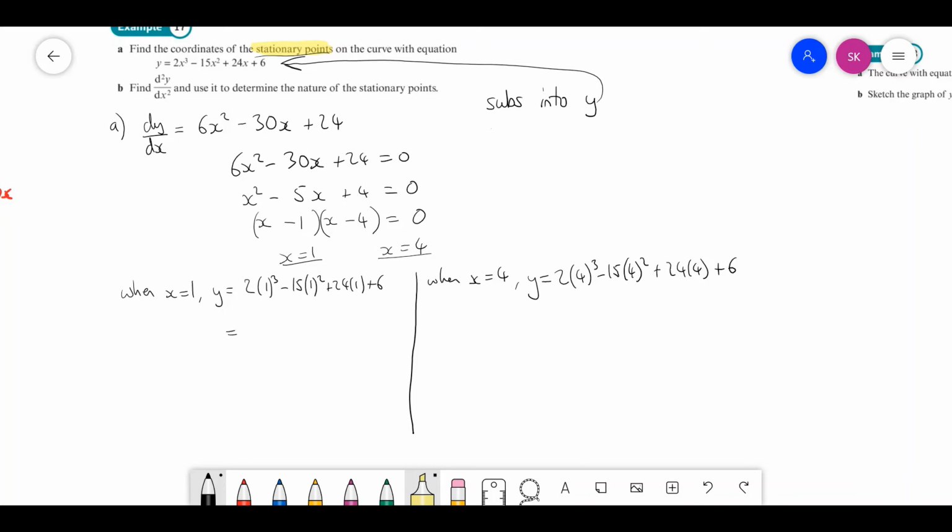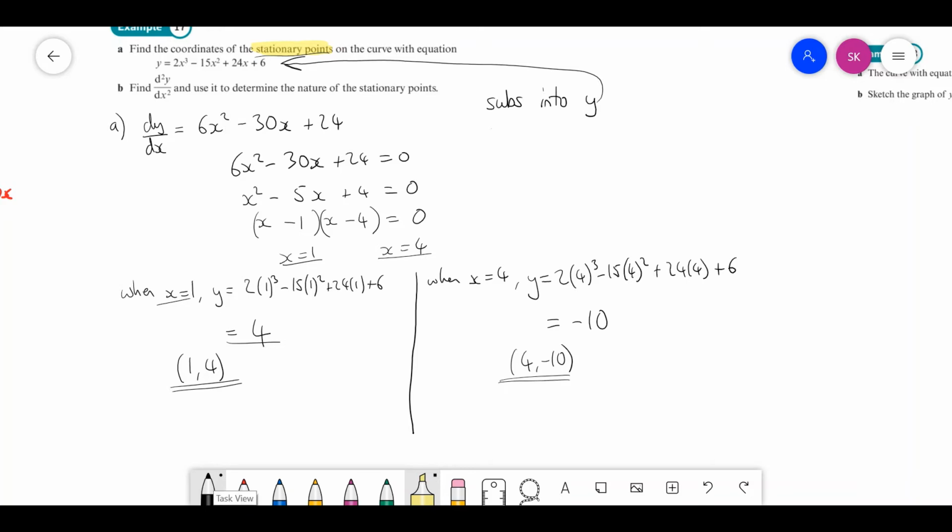If I type all that into my calculator, I get 4 over here, and if I type all this into my calculator, I get negative 10 there. So the stationary points are 1, 4, when x is 1, y is 4, and 4, negative 10, when x is 4, y is negative 10.